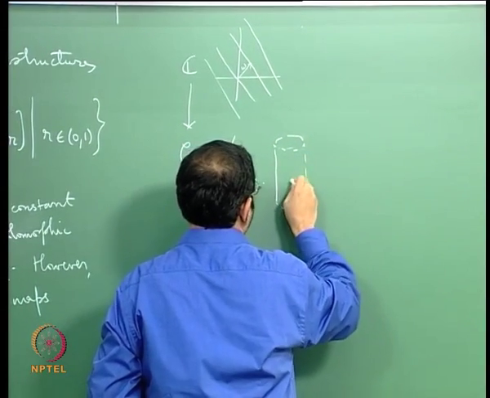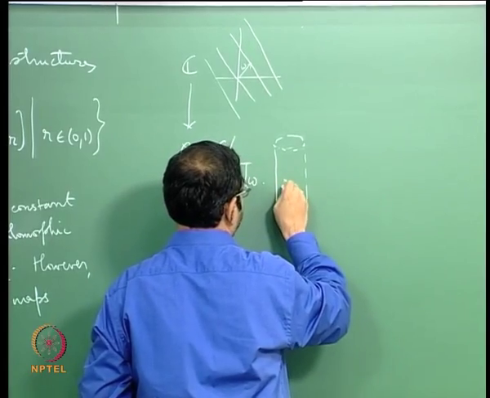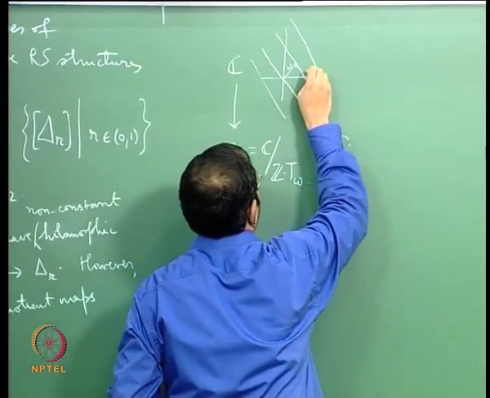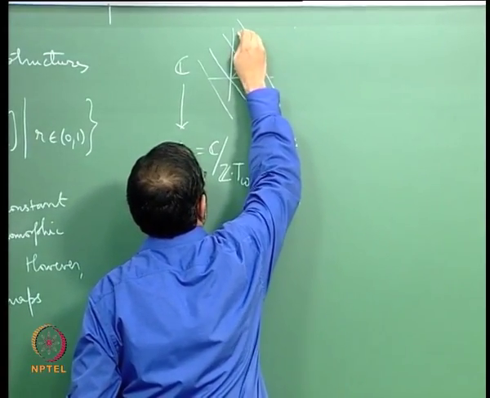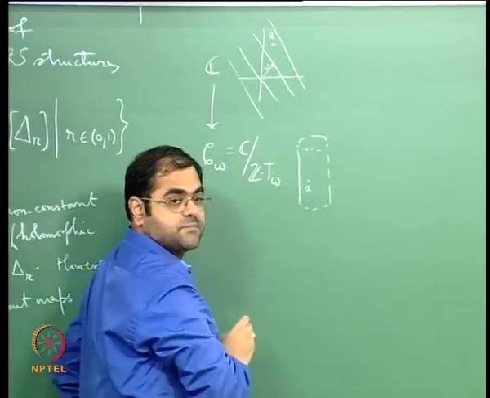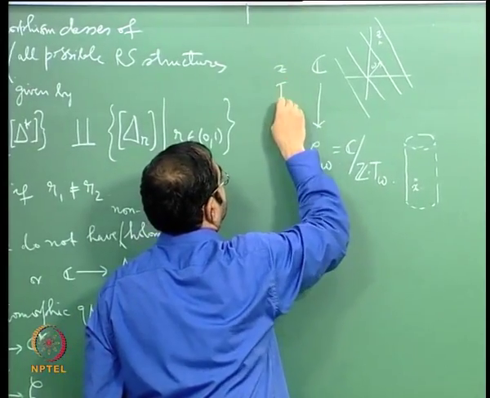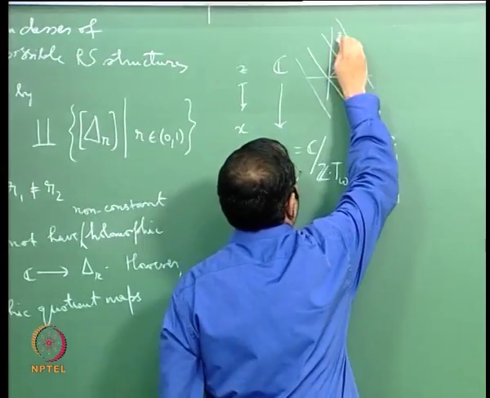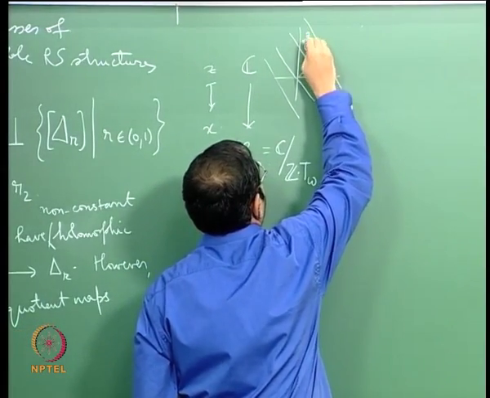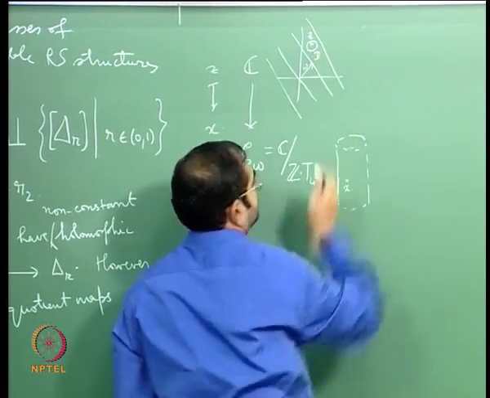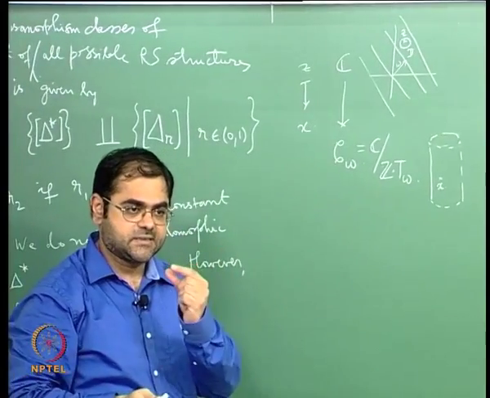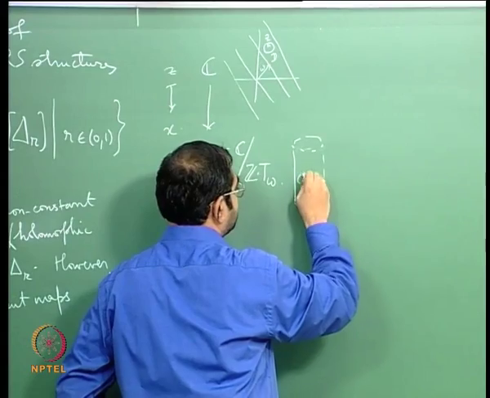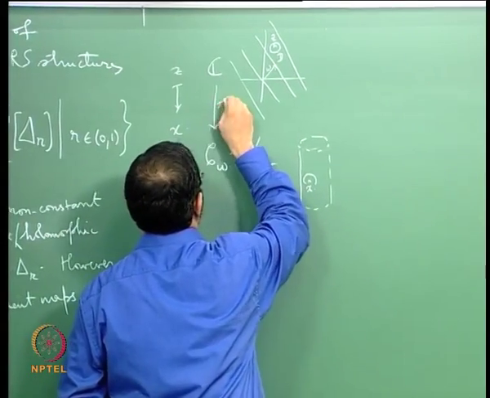And given a point on the cylinder x, okay, what we did was we fixed a point z such that z goes to x under this map, okay, and we took a small enough neighbourhood of z, a small enough disk surrounding z, called that as d, and we took the image of that d under this map, which is pi sub omega.